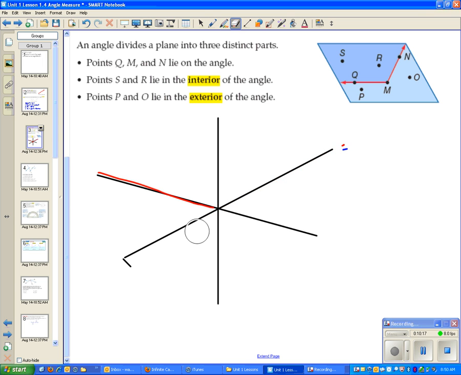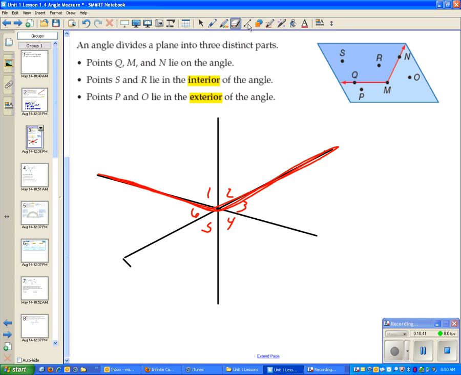Okay? Now, if you put numbers in here, that helps, right? 1, 2, 3, 4, 5, 6. I say, all right, everybody, look at angle 6. We all know which angle I'm talking about. Look at angle 3. We all know which angle I'm talking about. So that's good. But what if this was the angle that I wanted? Well, we don't have a name for that.